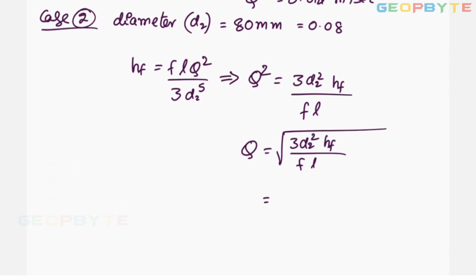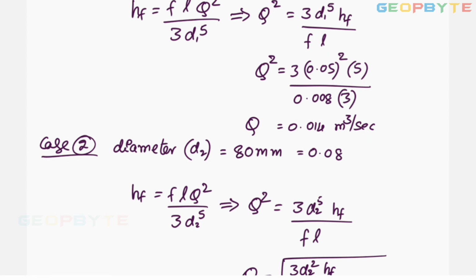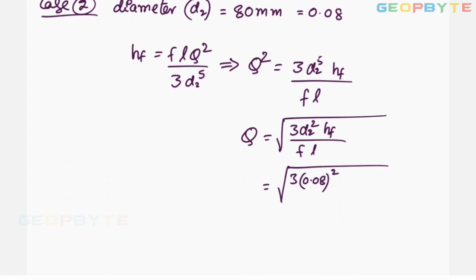It is equal to root under 3 into 0.08 whole power 5, as I have written for the previous case D1 power 5, into HF 5 divided by F 0.008.